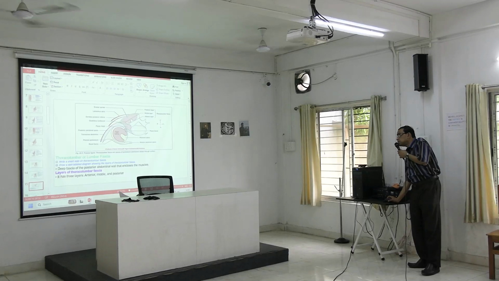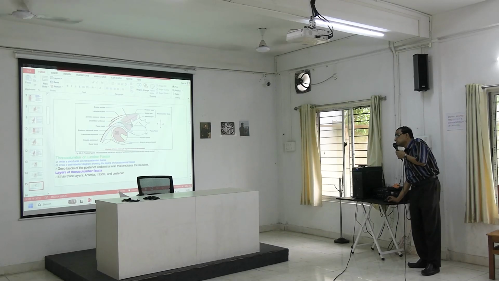Psoas major muscle in front has the psoas fascia, and this anterior layer of the thoracolumbar fascia covers the anterior part of the quadratus lumborum muscle, whereas the middle layer covers the posterior part of the quadratus lumborum, and ultimately it is attached to the tip of the transverse process. Okay, and the posterior layer of the lumbar fascia goes back, and ultimately it is attached to the spines of the lumbar vertebrae.